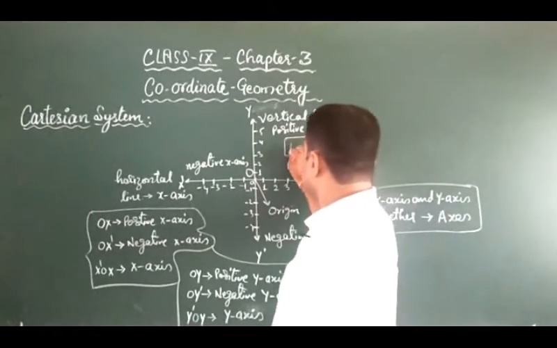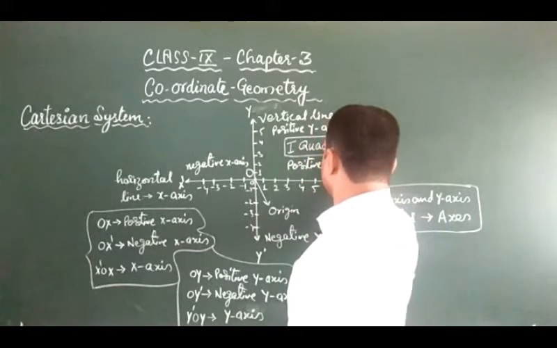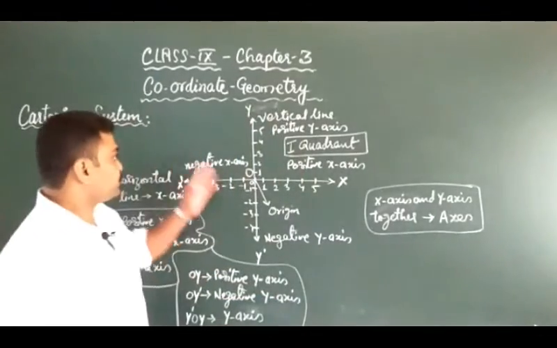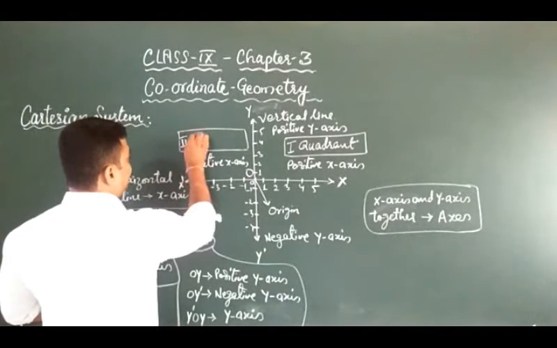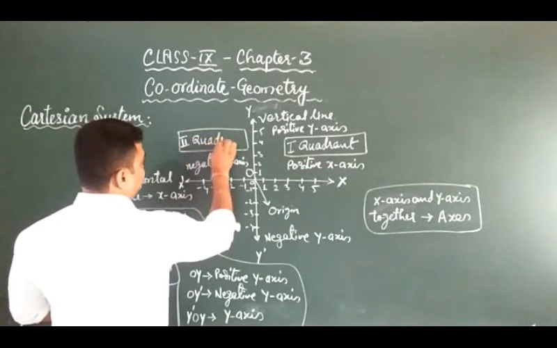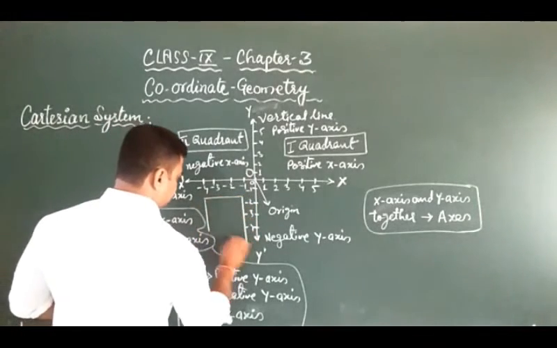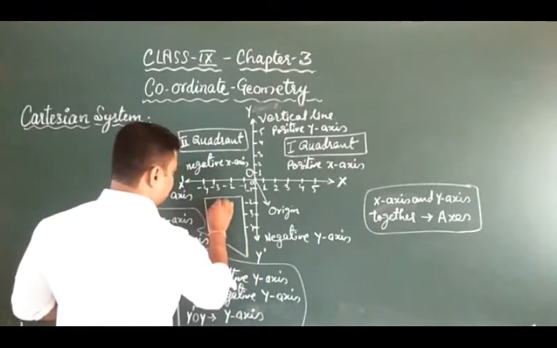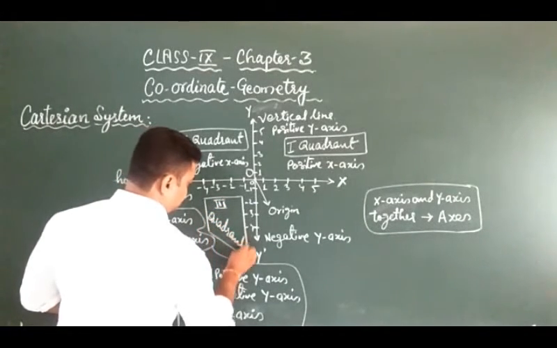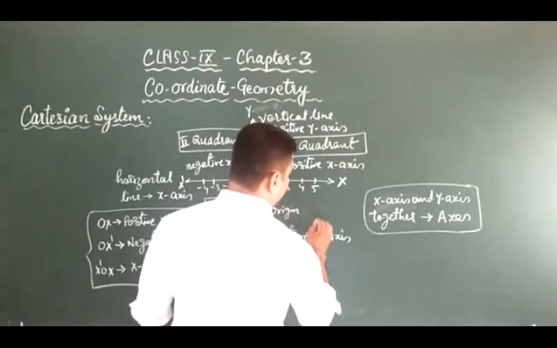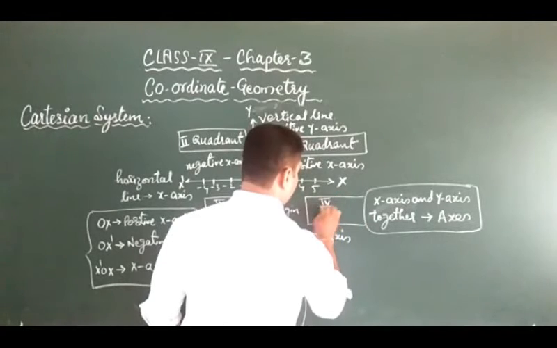This part is called first quadrant, this part is called second quadrant, this part is called third quadrant, and this part is called fourth quadrant.